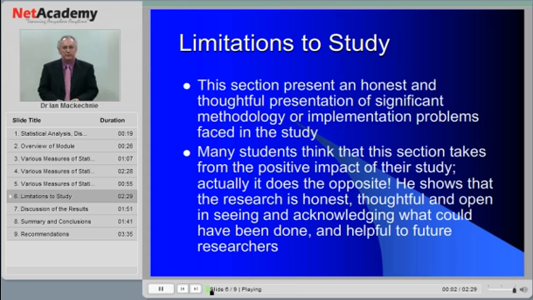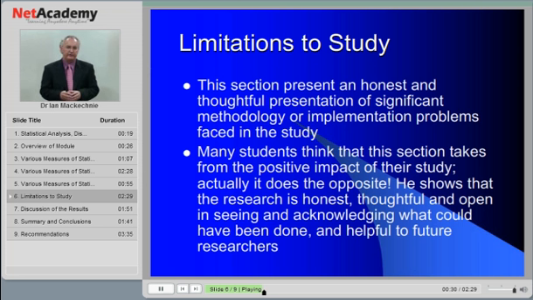In our theses, we should have a separate section entitled Limitations. Limitations to our study, limitations to our research. Now, this is an important section because it gives an honest and a thoughtful presentation of any significant methodology or implementation problems that we faced in our studies.